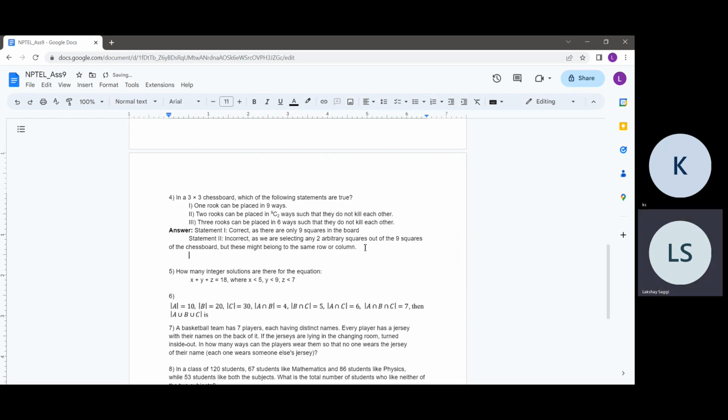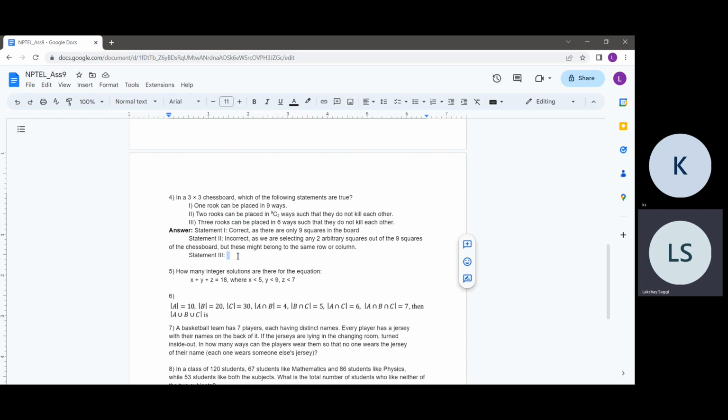So now let's go to statement 3. It says that 3 rooks can be placed in 6 ways such that they do not kill each other. So there is a 3x3 chessboard and we need to place 3 rooks.